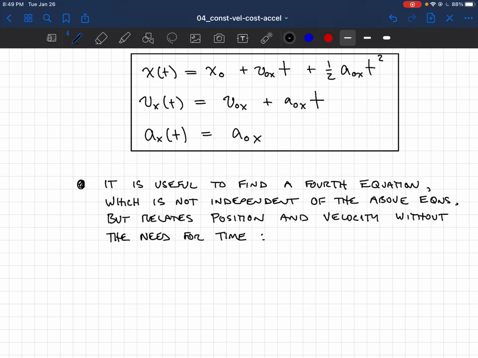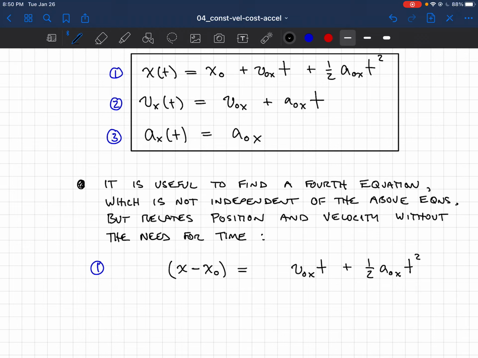So this is just a little bit of algebra trickery, and I'll try and do it quickly. If we label these as equation 1, equation 2 and equation 3, then let's take equation 1 first, and we'll rewrite it. So equation 1 is going to be x minus x0. So I subtracted x0 from both sides. And I'm going to multiply it by something, so I'm going to give myself some space. And that's going to be equal to v0x times t plus 1/2 a0x times t squared.